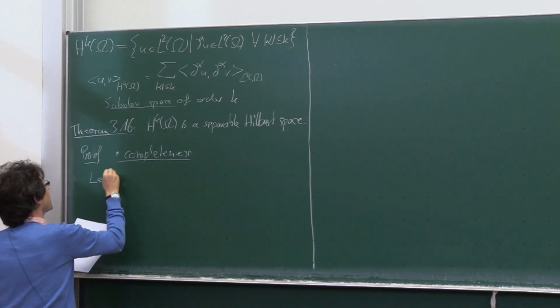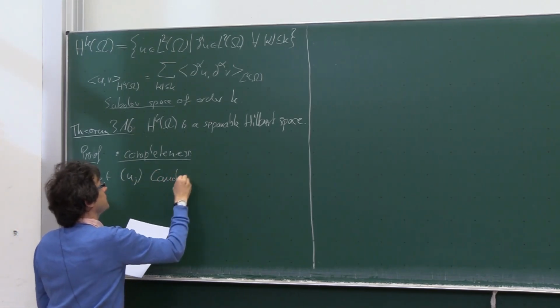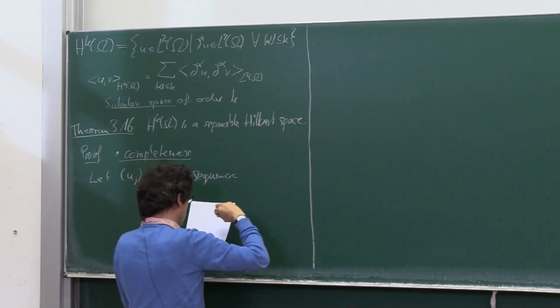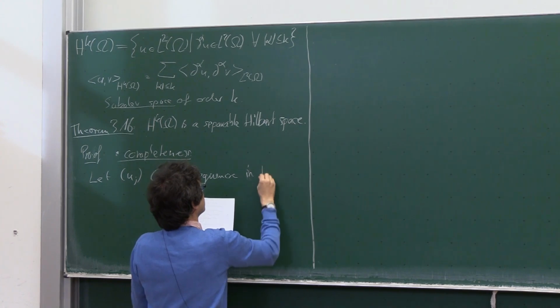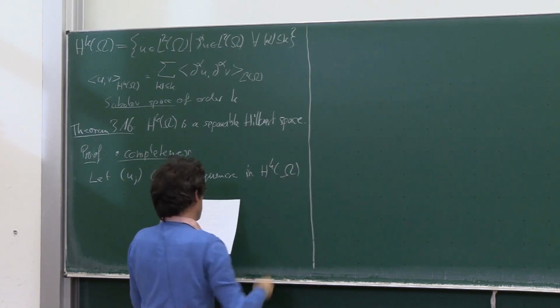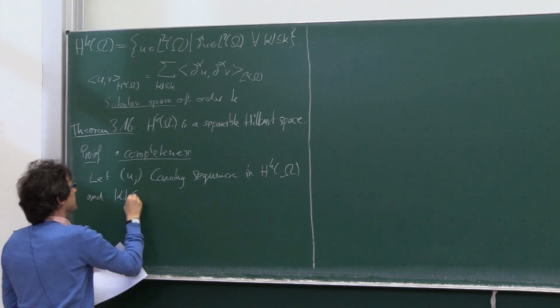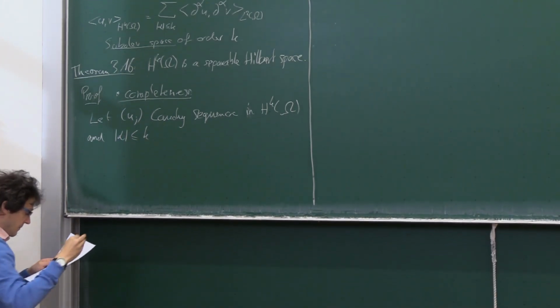So what do you do? Okay, we take a Cauchy sequence. Let u_j be a Cauchy sequence in H^k with respect to the corresponding norm. And then choose some multi-index that has length less or equal k.